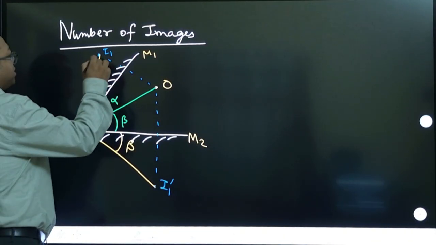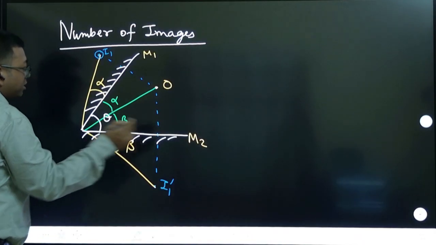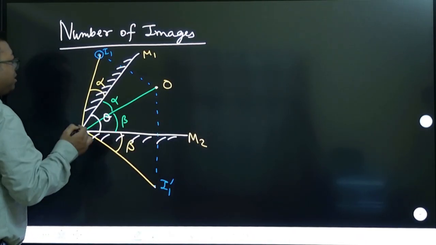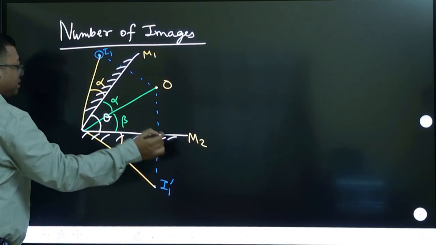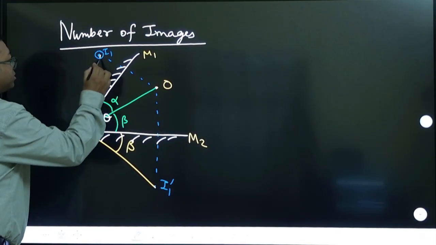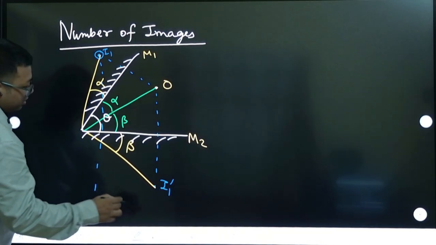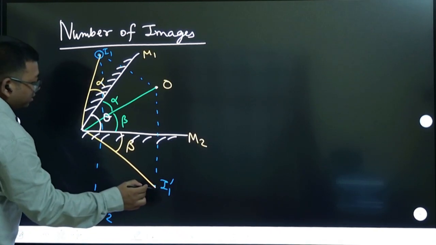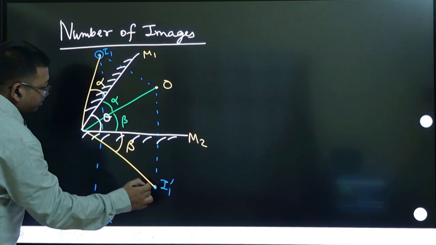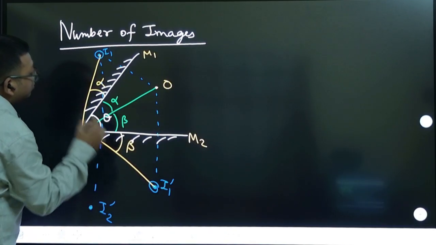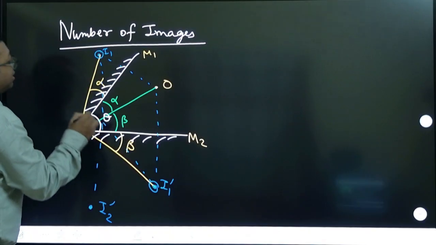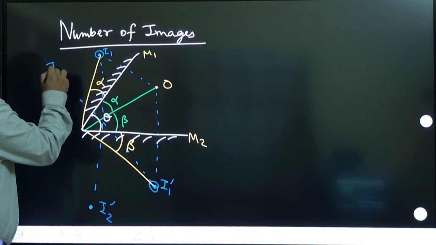Similarly, this image I1 formed here will act as an object for the second mirror, so it will reflect and come here. Let us call this I2 dash. Similarly, this I1 dash will act as an object for the first mirror and it will form here. This will be I2.